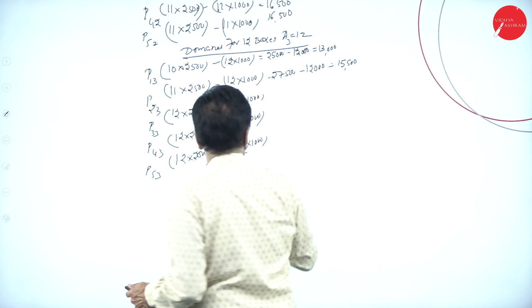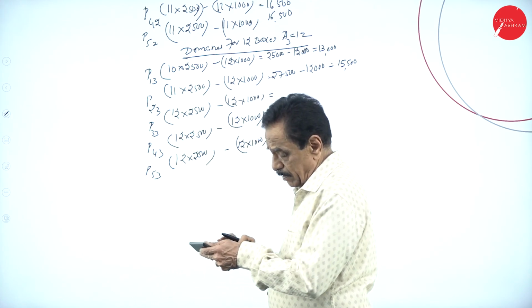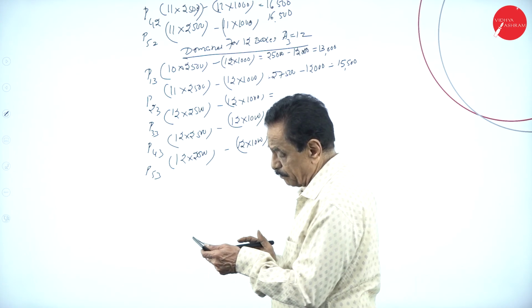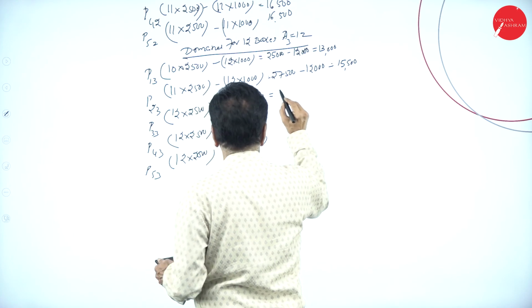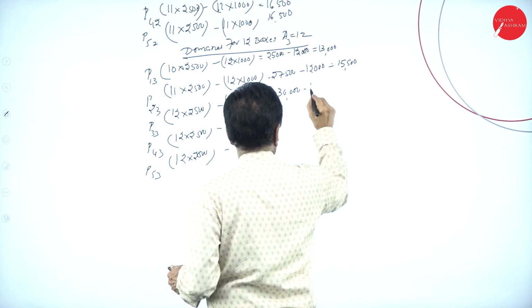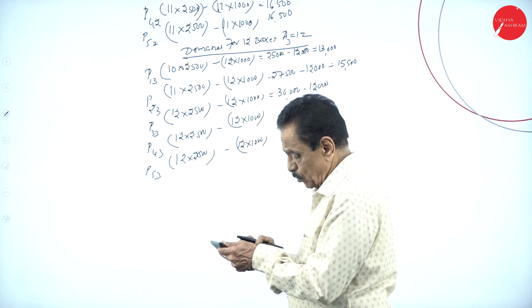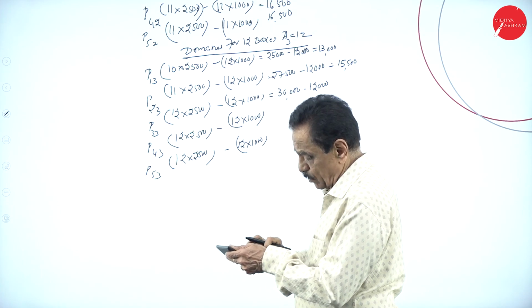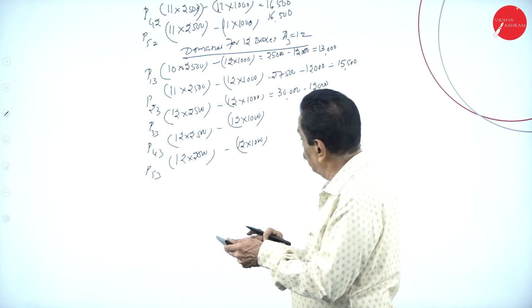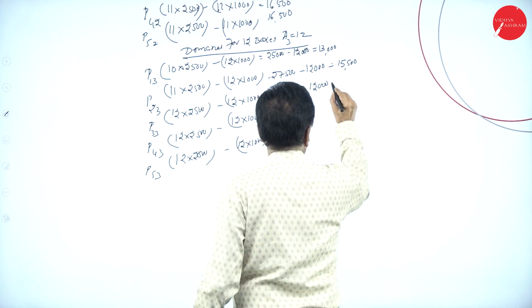Then 12 into 2,500, 30,000, minus 12,000, 18,000.